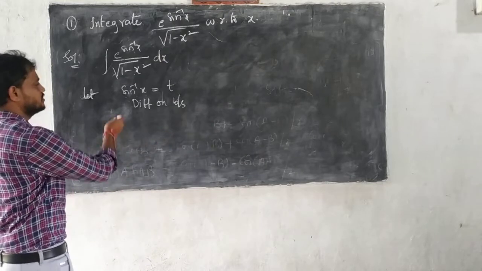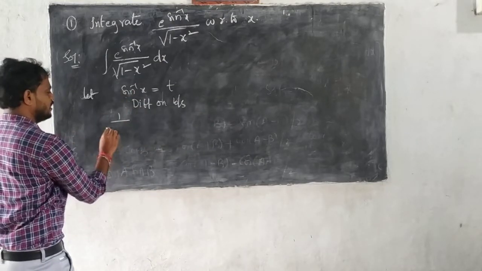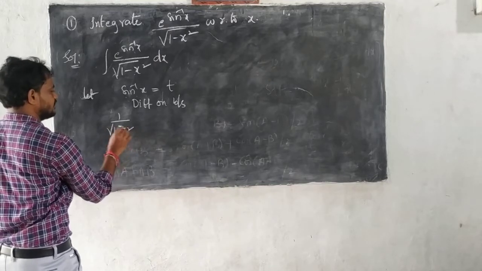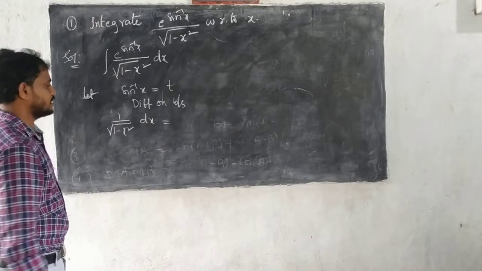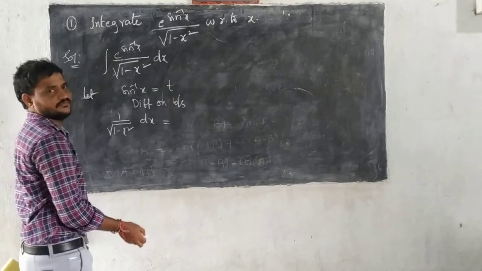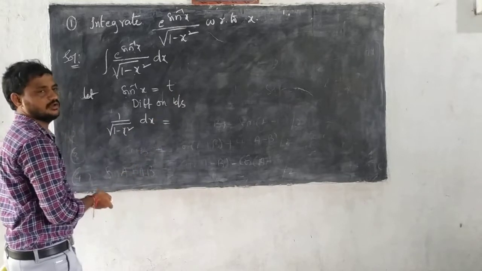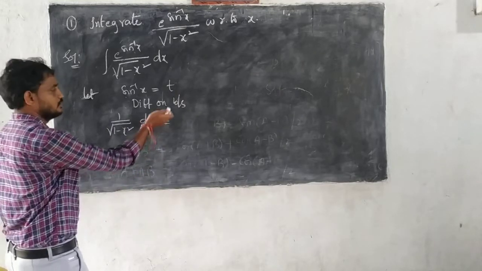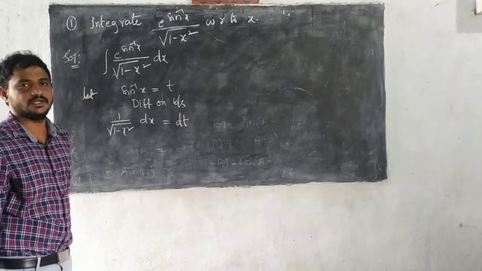Differentiate on both sides. So differentiation of sin inverse of x is what? 1 by under root of 1 minus x square into dx. Right? Then here we have t on the RHS. If you differentiate, what do you get? dt you will get.